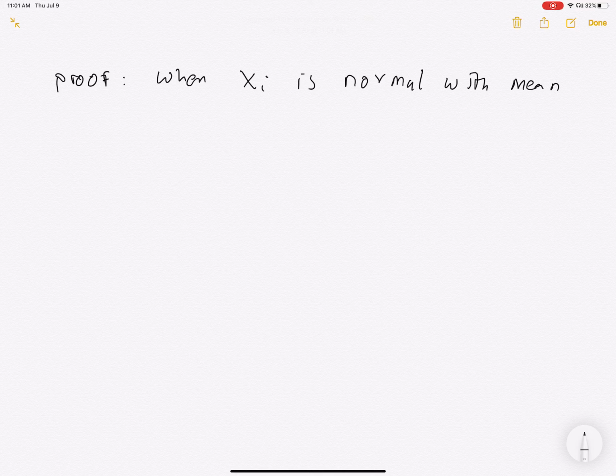Okay, so here's going to be a proof, and this is going to be when each observation x sub i is normal with mean mu and variance sigma squared.